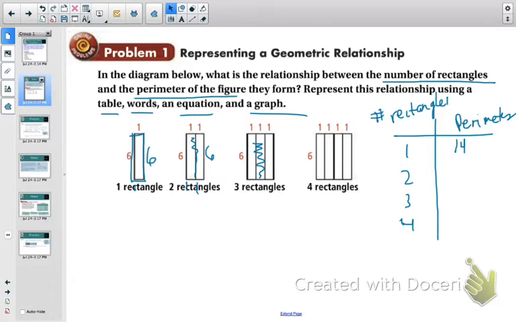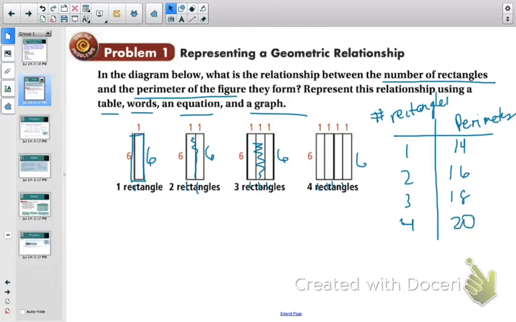So we got 12 plus 1 plus 1 plus 1 plus 1. So 12 plus 4 is 16. And then this one, we've got 3 1s here. So 12 plus 6 gives us 18. Now we got 4 1s here and a 6 over here. So we got 12 plus 8, which is 20.